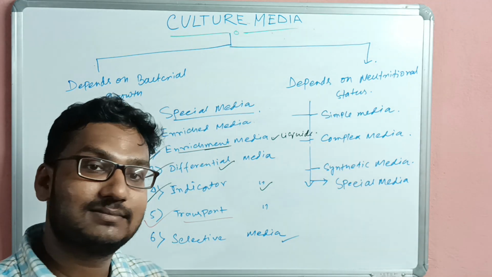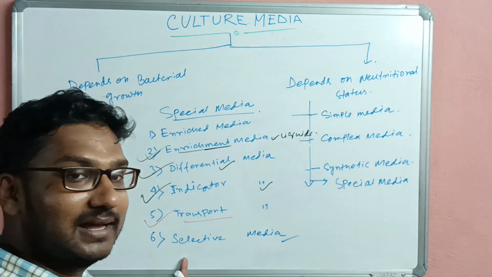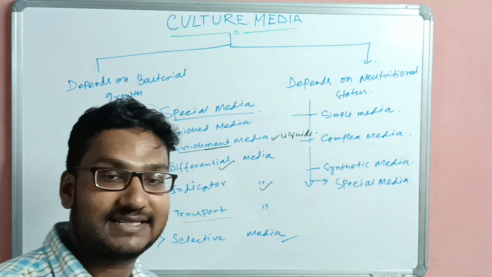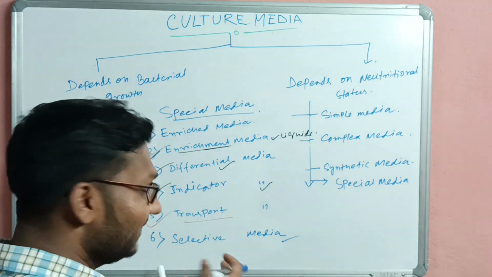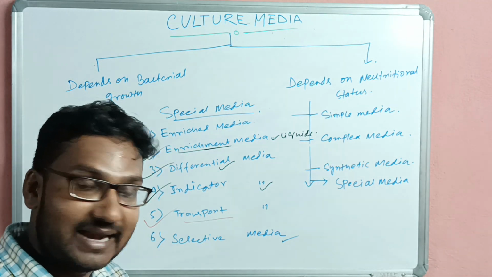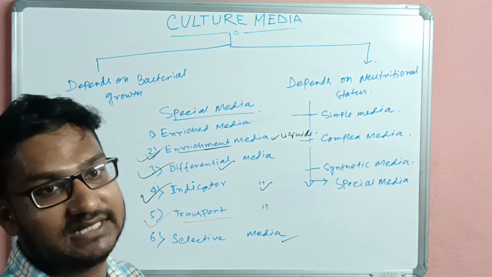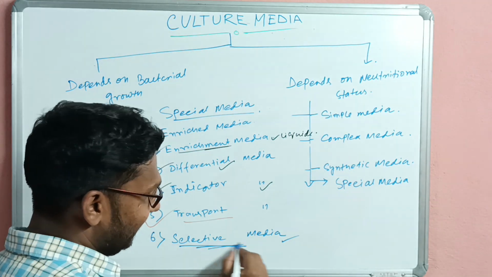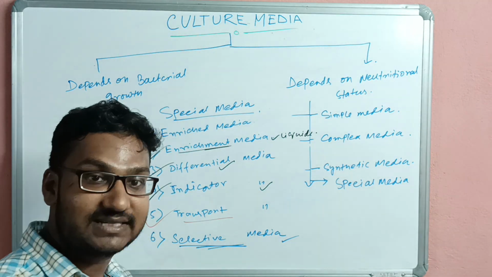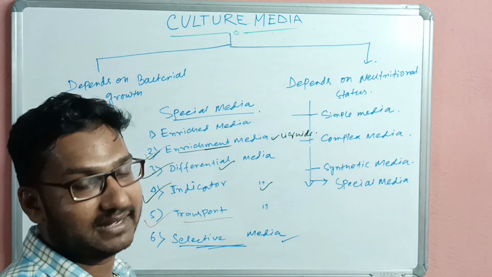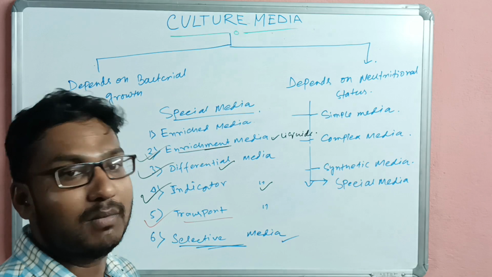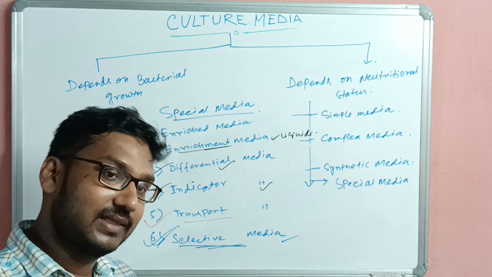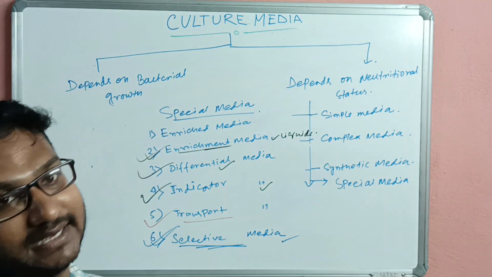Bile salt is present, so gram-negative bacilli or the Enterobacteriaceae family can grow in MacConkey agar, and it never allows any gram-positive bacteria to grow. This is called the selective media.